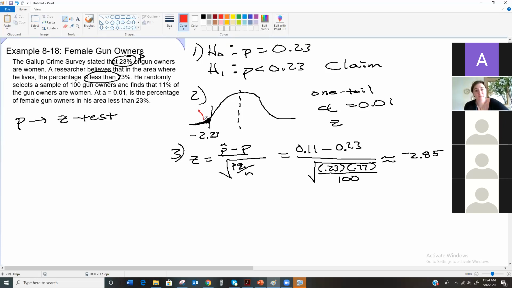Reject, because we're down here, right? Yes, ma'am. So negative 2.85 is going to be down here below negative 2.33. And so we are going to reject the null hypothesis. So we've convicted the null hypothesis. We said you're not right for our area because we're in the critical region.